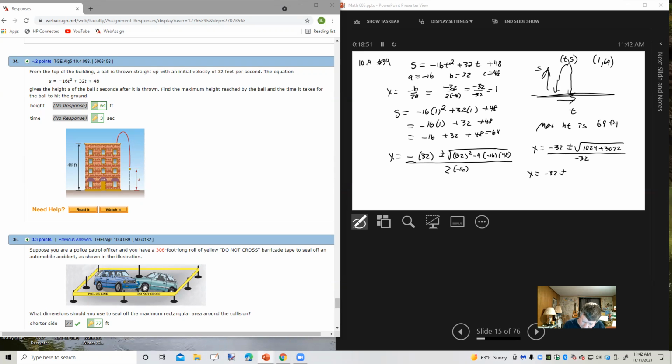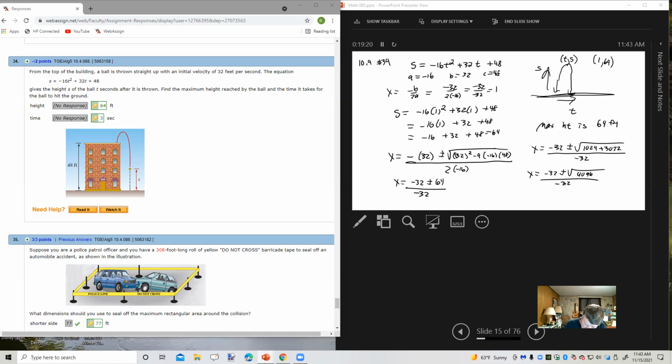X equals negative 32 plus or minus, let's see, 3072 plus 1024 is 4096 all over negative 32. 4096 is a perfect square. So x equals negative 32 plus or minus 64 over negative 32.